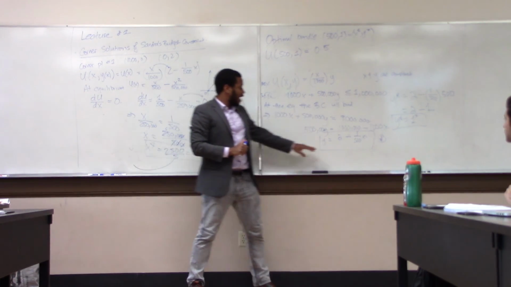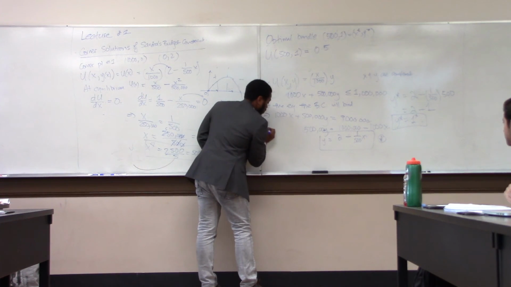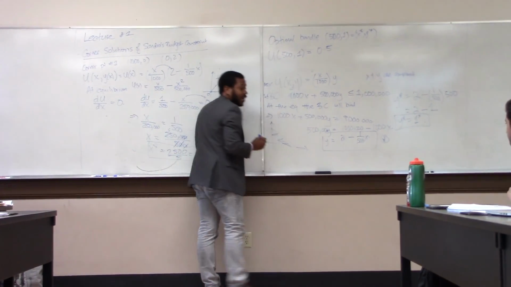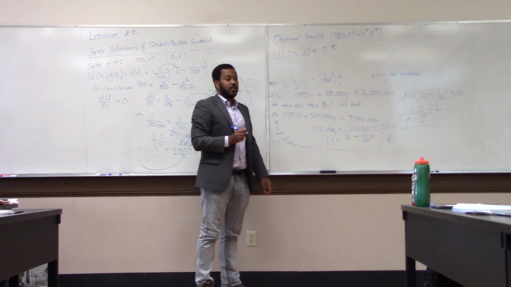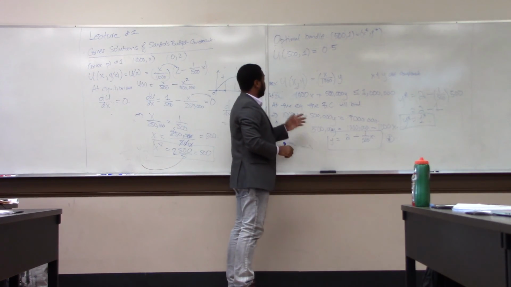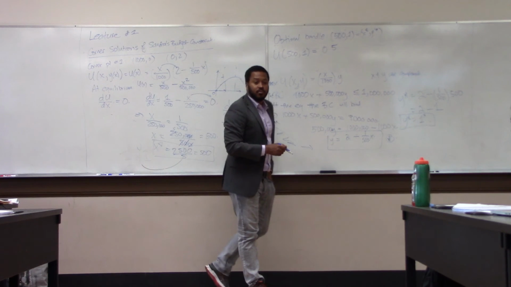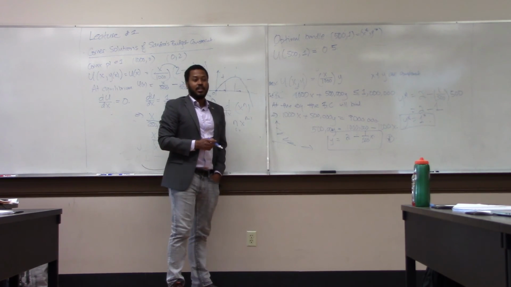Right? So we can take any point along this line or any point within this feasible set. And should any point within the set give you more or less utility? Less. Every point. Somebody throw out a point that satisfies this relationship, and let's test it.